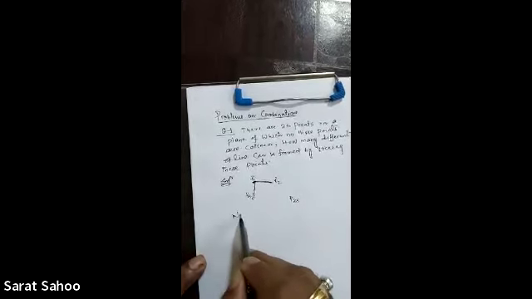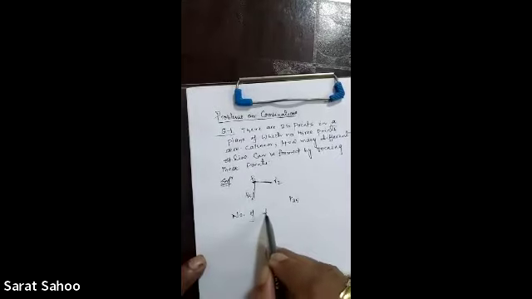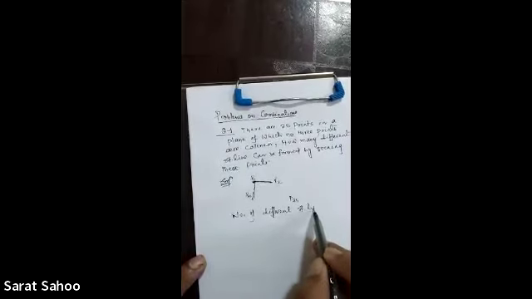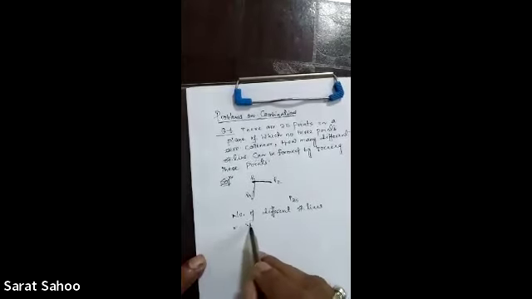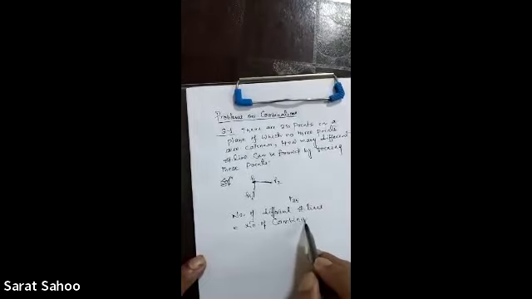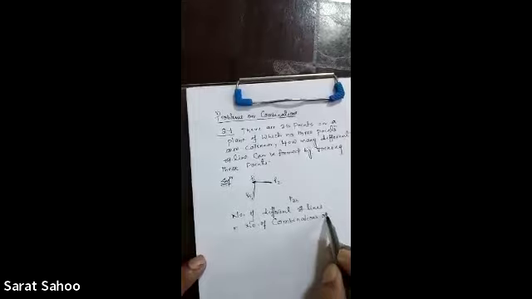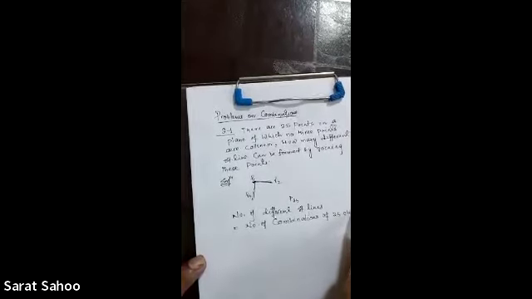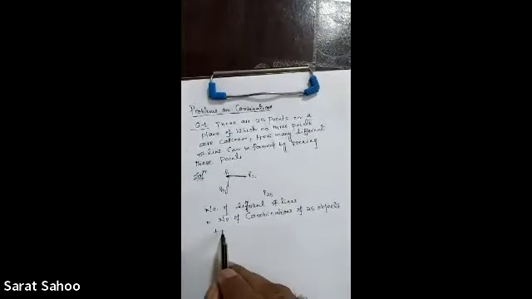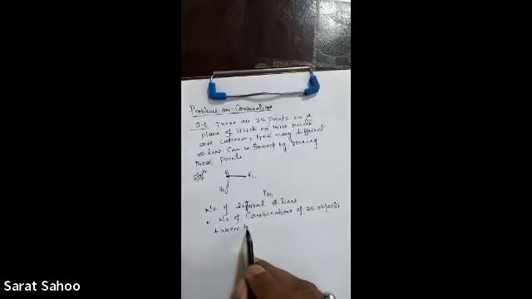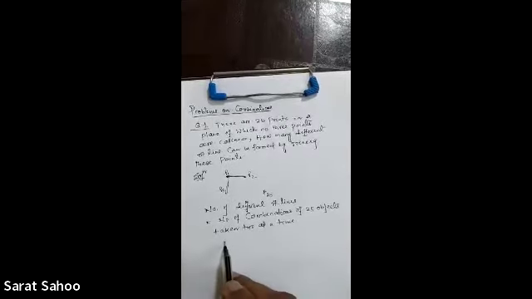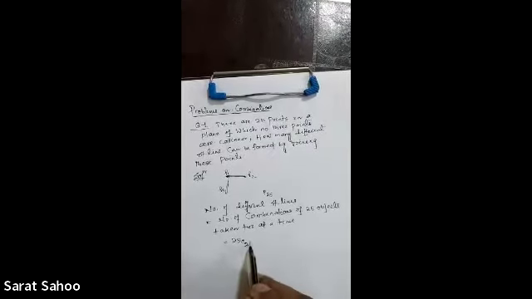So number of different straight lines is equal to number of combinations of 25 objects taken 2 at a time, which is equal to 25C2.